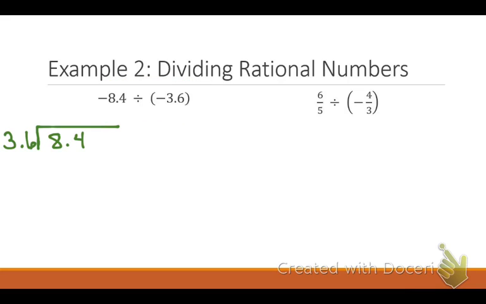But wait, can I divide decimals? Okay. No, I mean, I could have a decimal on the inside, but not the outside. So how could I move my decimal out, JD? You just move it over to the right, and then however many places you have to move, you move the one on the inside. Very good. This is my focus. How many decimal places do I have to move to get that decimal out of the number?